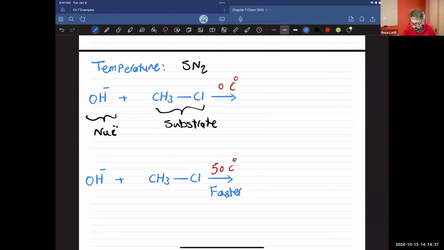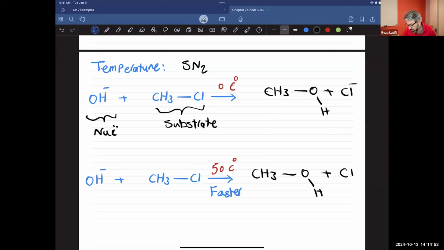That's completely fair. And your product will be this: you get alcohol plus chloride. Again, here you get alcohol plus chloride.